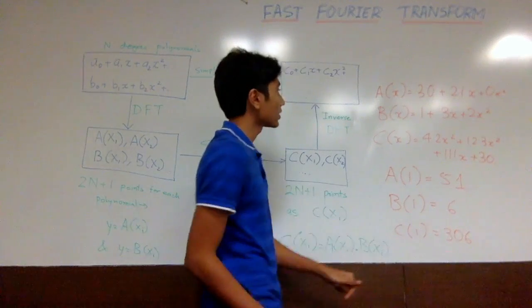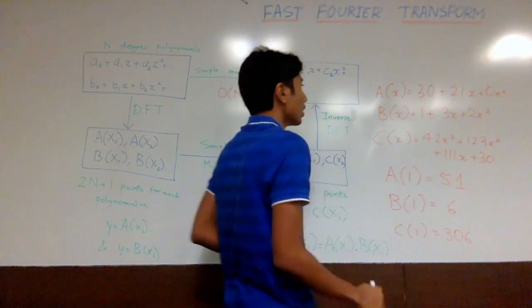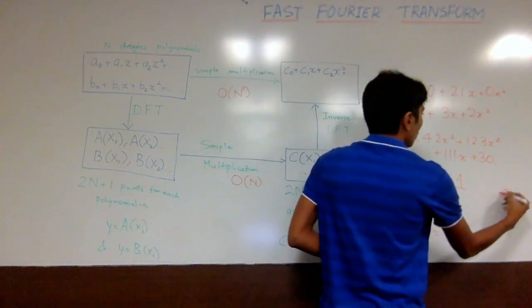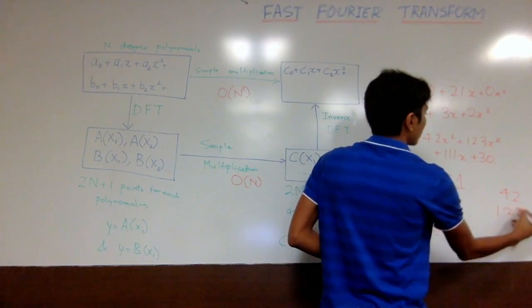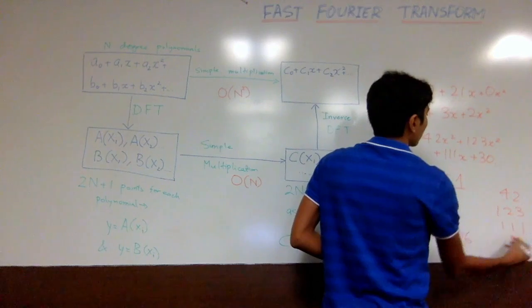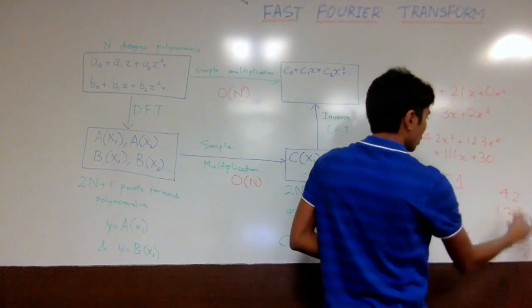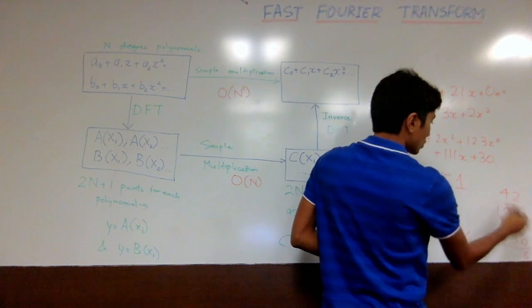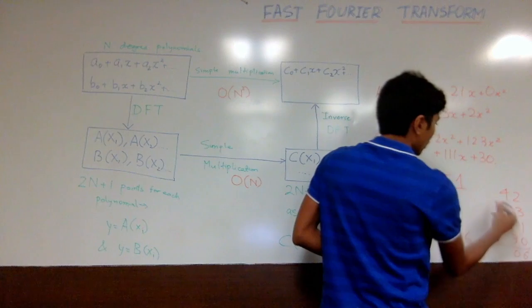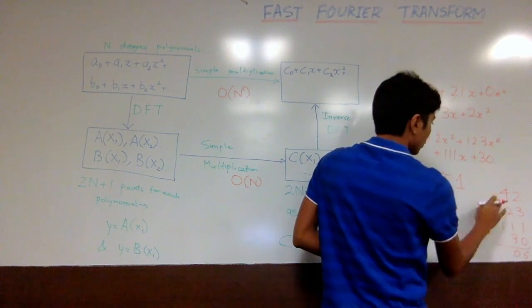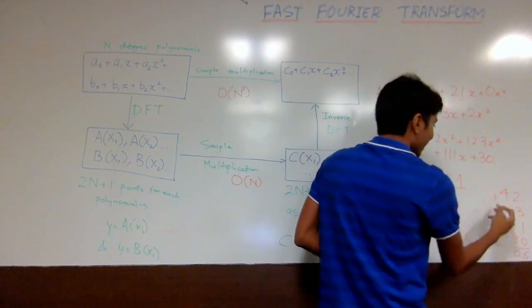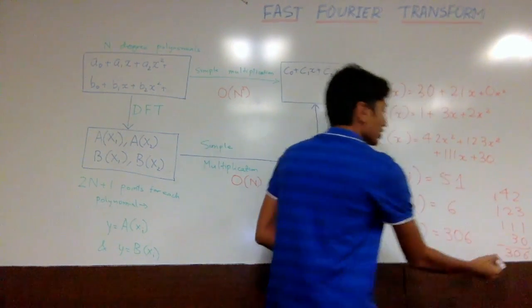This should be 306, but let's just confirm that over here. 42 plus 123 plus 111 plus 30 gives you 306 even over here.